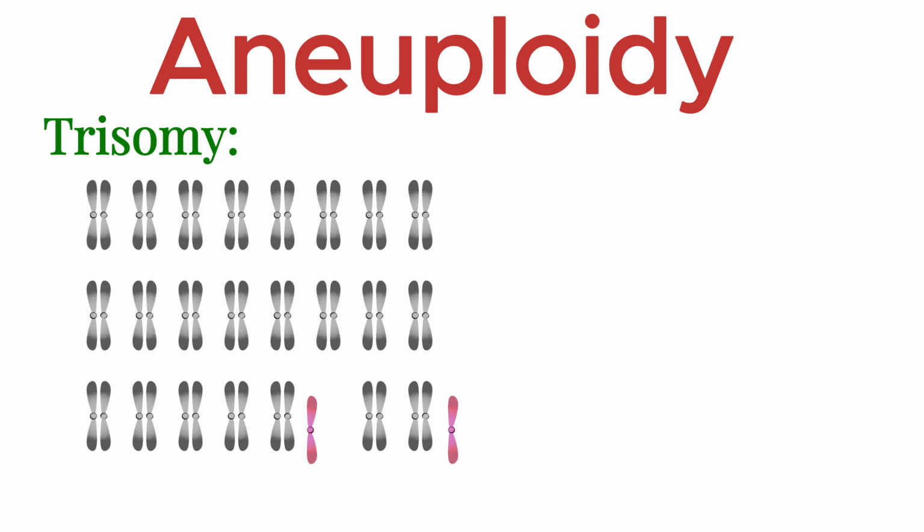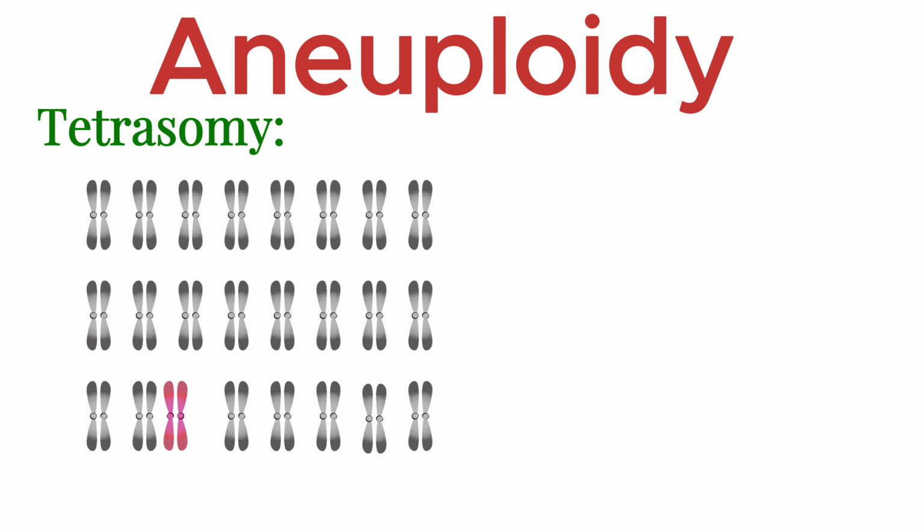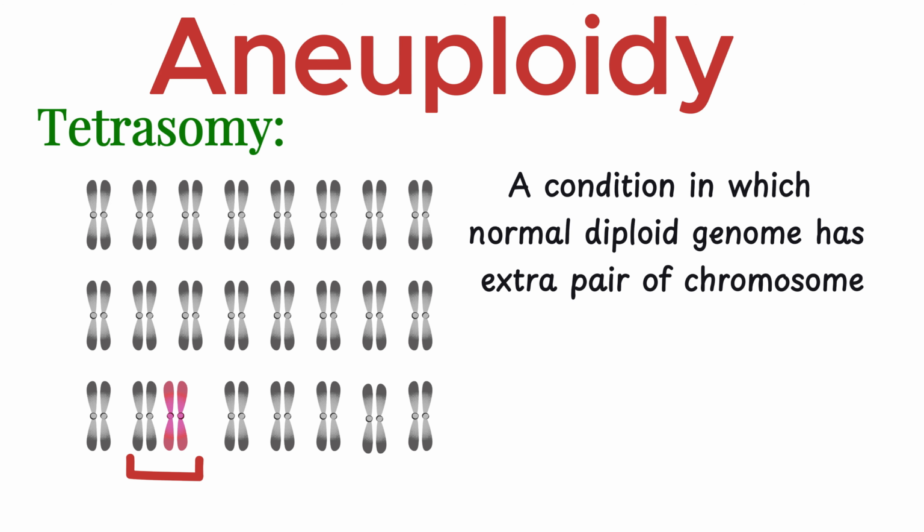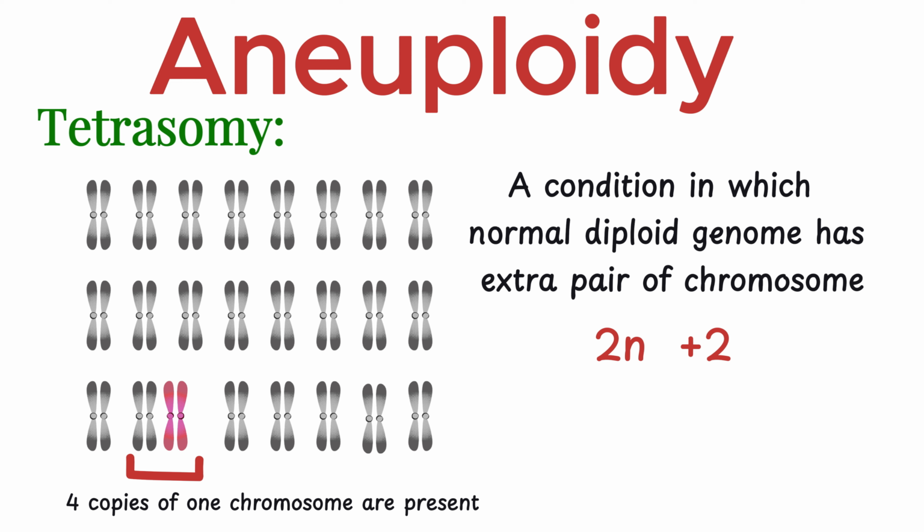If instead of adding extra chromosomes to 2 different pairs, both extra chromosomes are added to the same pair, the condition is called tetrasomy. This means the homologous pair is doubled, so there are 4 copies of the same chromosome instead of the normal 2. In symbolic form, tetrasomy is written as 2n plus 2.